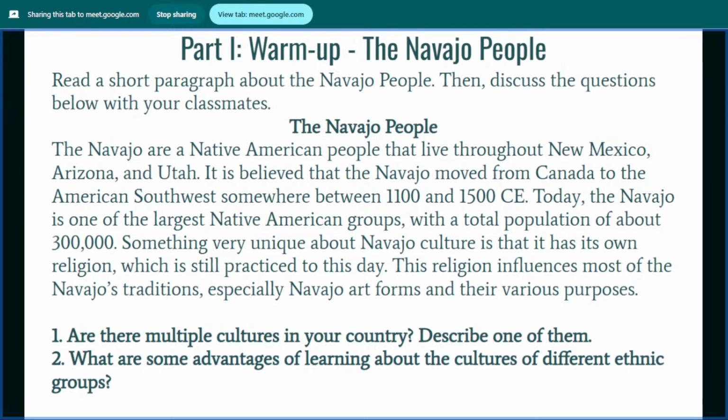So, ma'am, it is showing that it enhances empathy and understanding. And by empathy, it means that it reduces stereotypes and prejudice, leading to more harmonious interaction. Correct. It also broadens perspective. But what do we mean by ethnic group?